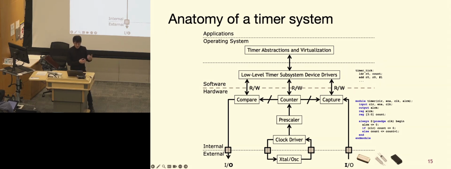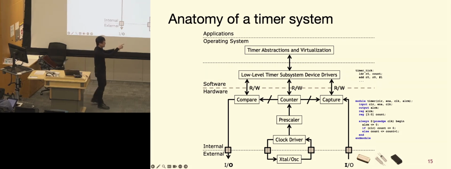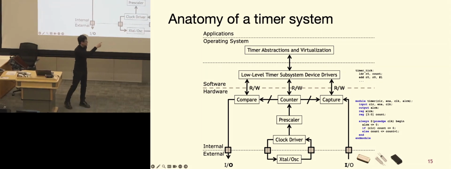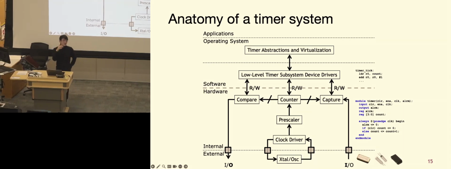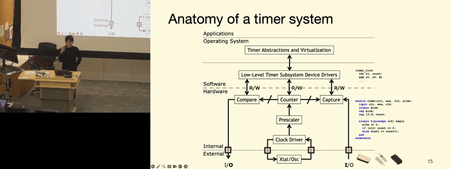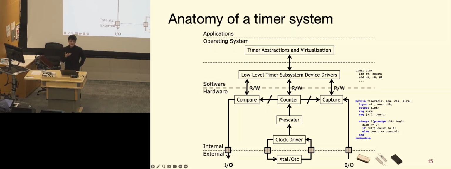Time abstraction refers to the use of software level APIs to hide the hardware-specific details of the timer. So imagine we use different types of crystals or different types of timers down there, but after that layer, it looks the same from the program's perspective, because all those details are abstracted away.